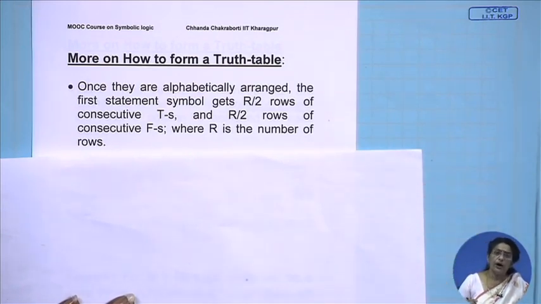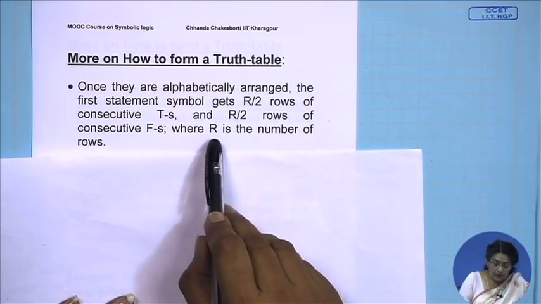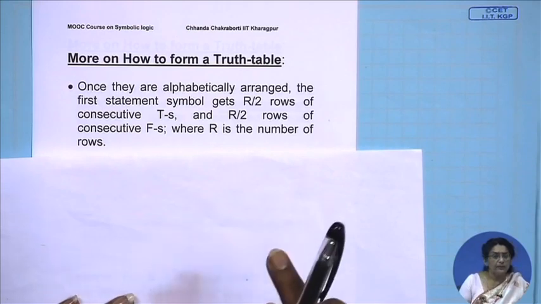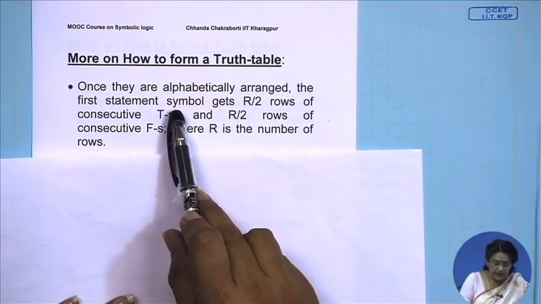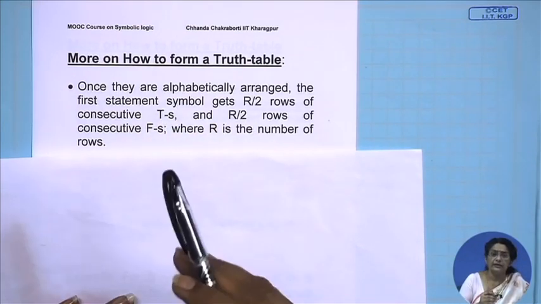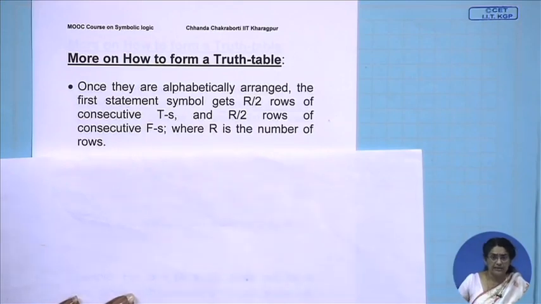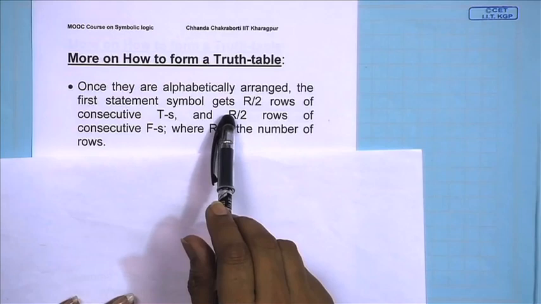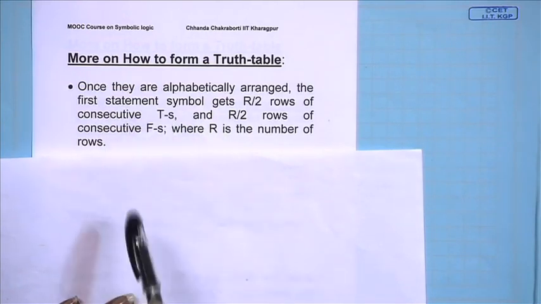Remember, you already know how many rows there are going to be, that is 2 to the power n. So you know the number of rows, but the first symbol gets half of that as consecutive T's and consecutive F's. That is the first thing to know.